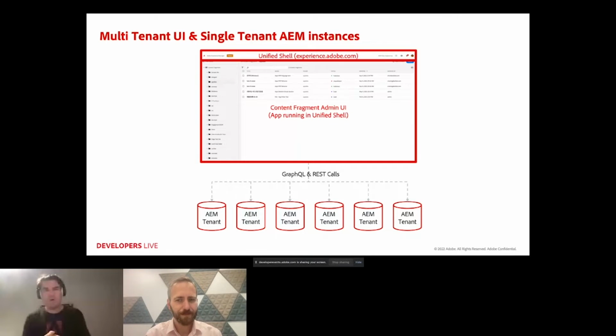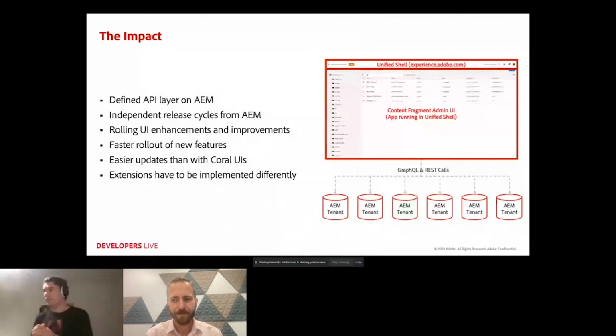So, what does that actually mean for you? First of all, with AEM, we're going to define an API layer. For all content fragment actions, we're going to have a unified API, which is also going to be GA'd at some point of time. So you can access the backend system as you wish.